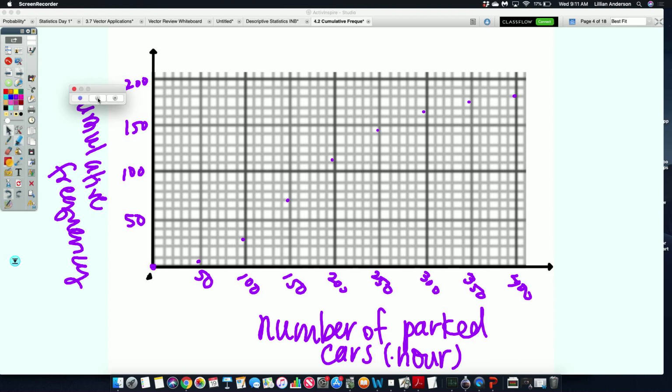So, if you're using pen, please switch to pencil, just in case you mess up, okay? Not my best curve, but there we go. Be a smooth curve connecting all your points. And that is how you draw a cumulative frequency curve.